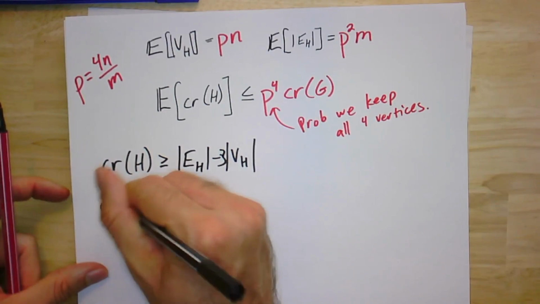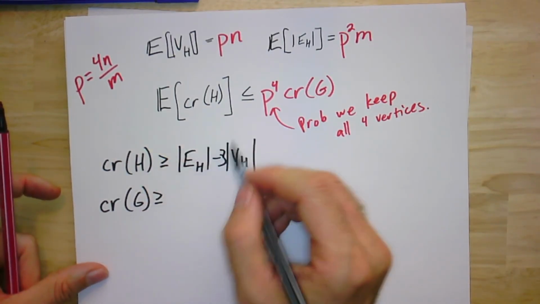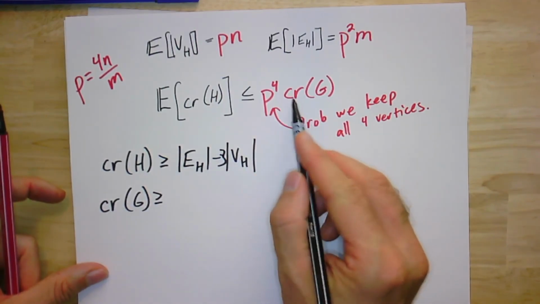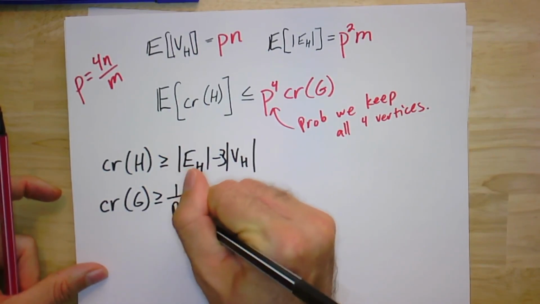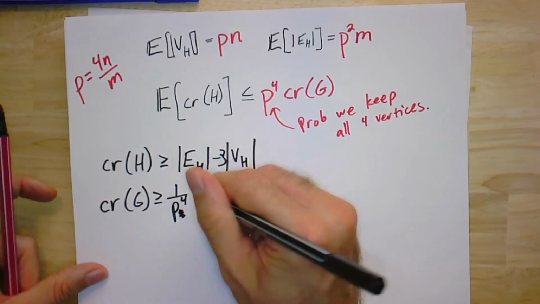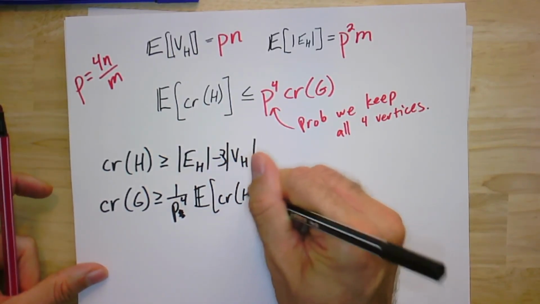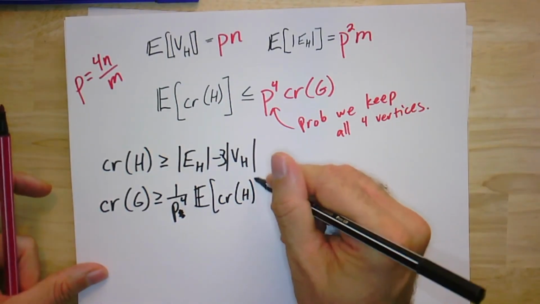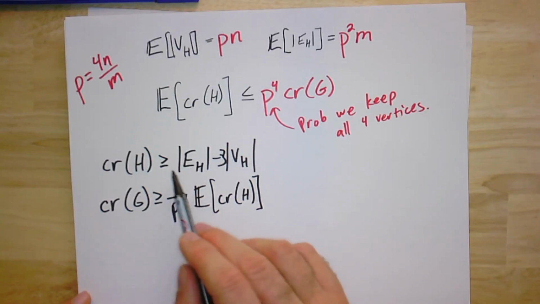So the crossings in G have to be at least, just from this formula, if we move it to the other side, 1 over p to the fourth times the expected number of crossings in H, which we just saw was bounded as follows.